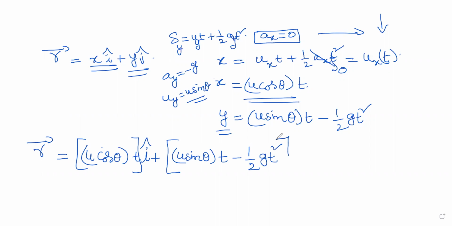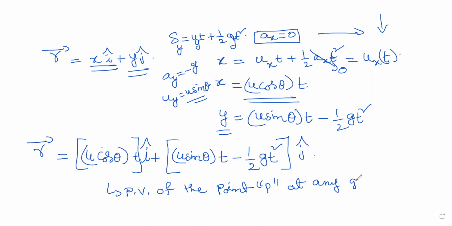This is the displacement in the y direction. Now you got the position vector of the point at any given time t.